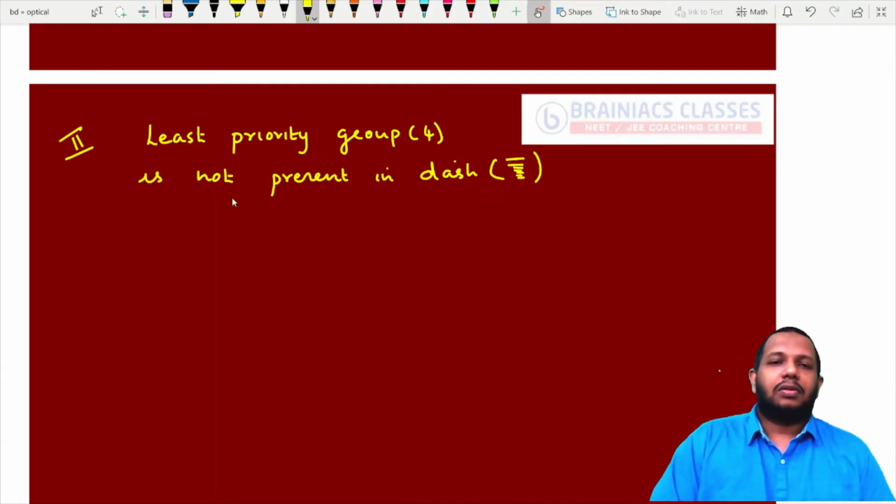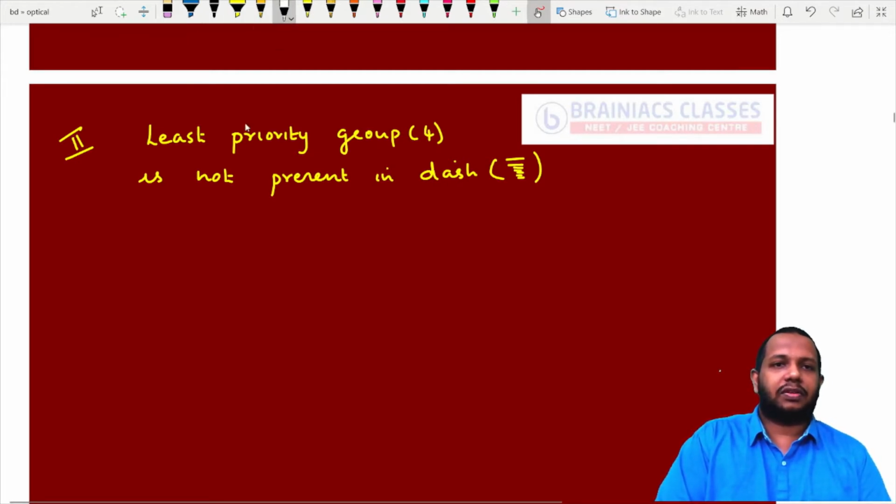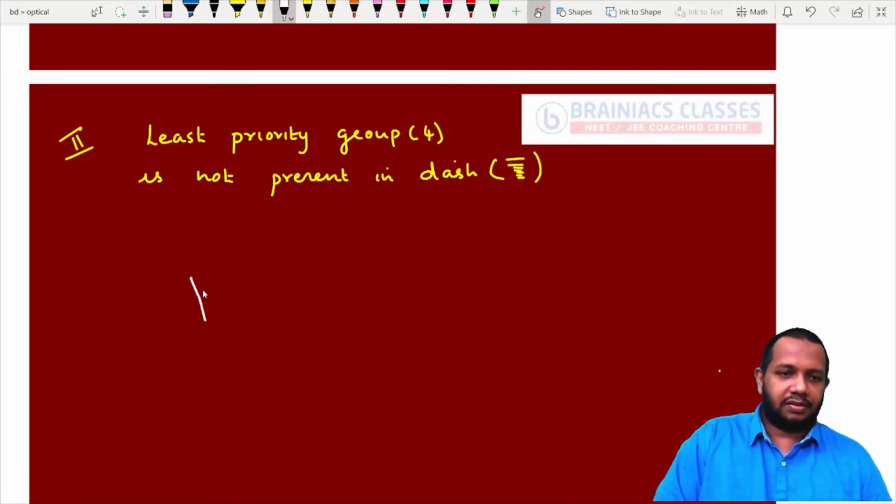So let's take some examples for that. Now I will not give the groups, but I will mention them with numbers. Suppose here you can see this is a solid wedge, and the priority for this one is 4. Now the dash is present here, that is having priority 2.